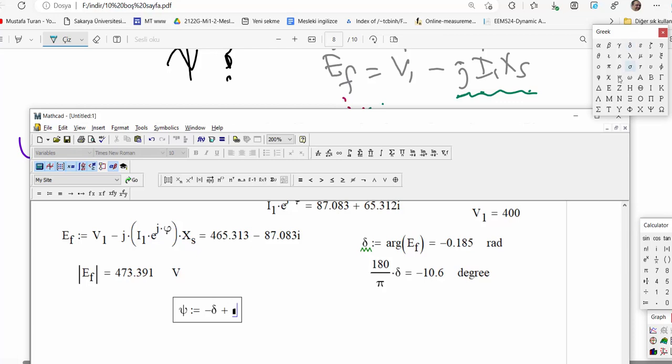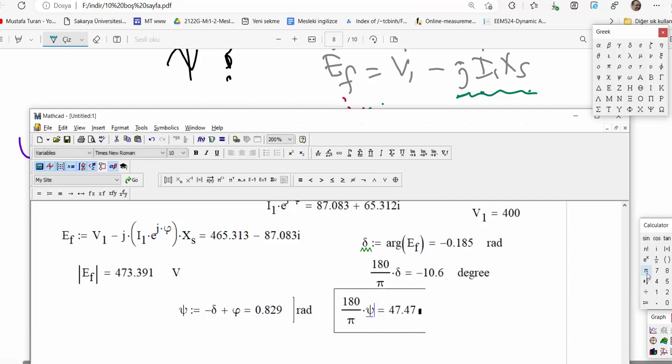Let's do it. Psi is minus delta plus phi. That is such a radian. It looks positive, and let me convert it into degrees. 180 over pi is the conversion coefficient, so it is 47 degrees, which is leading.